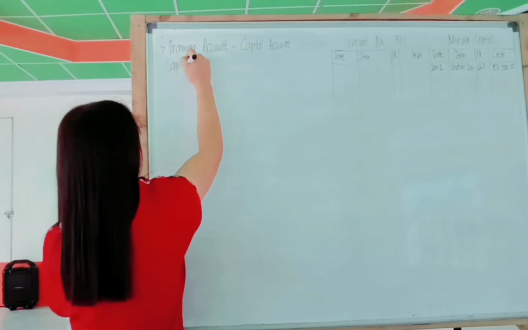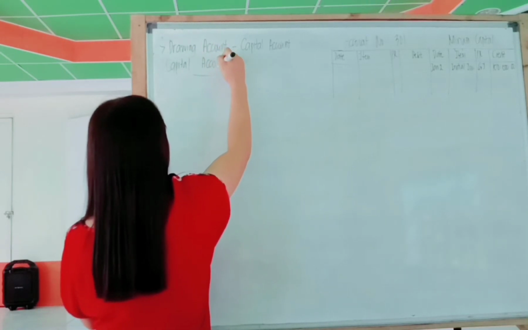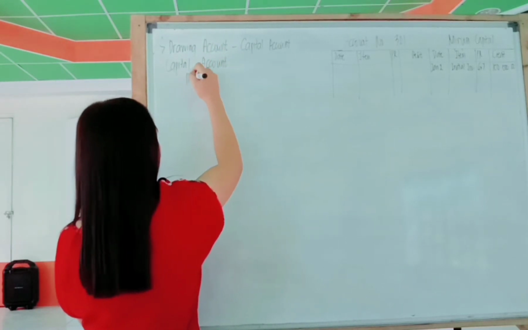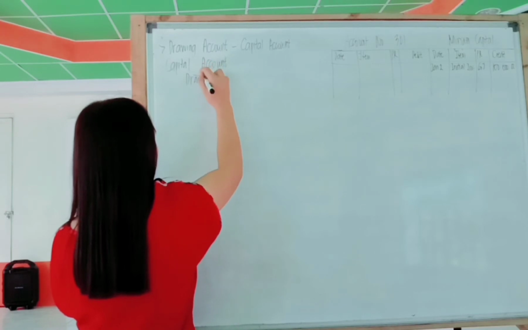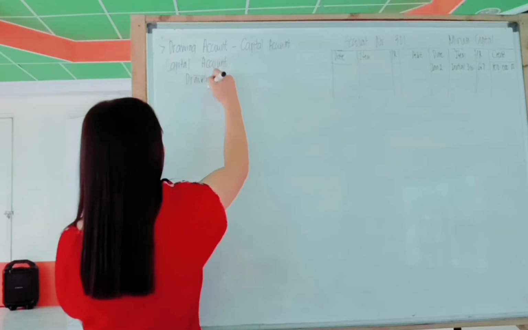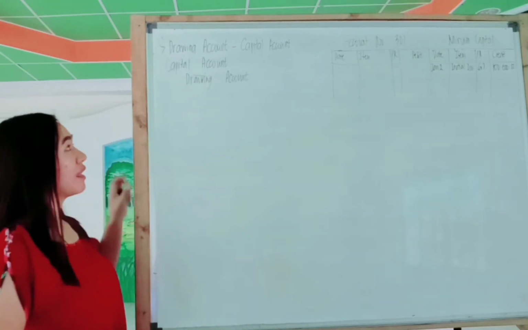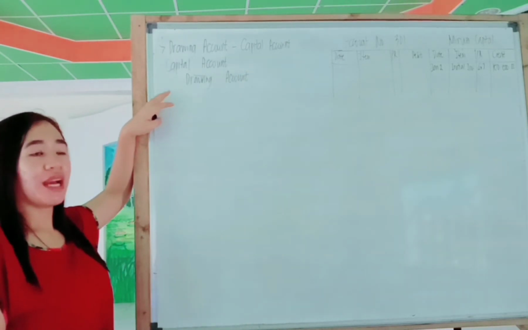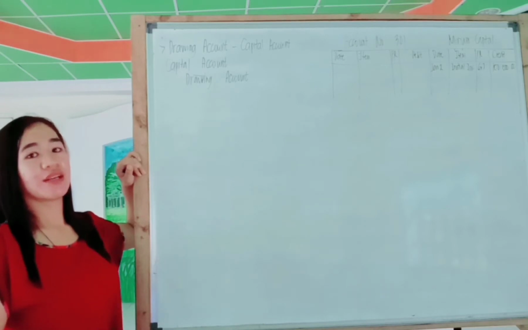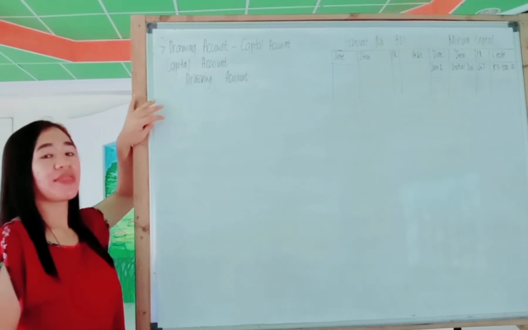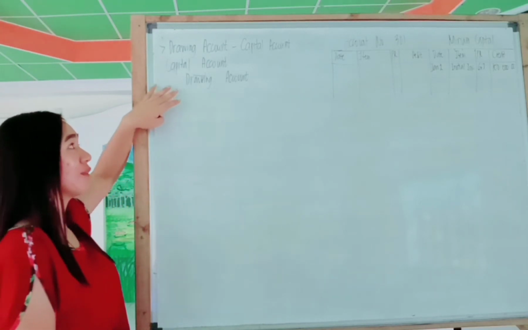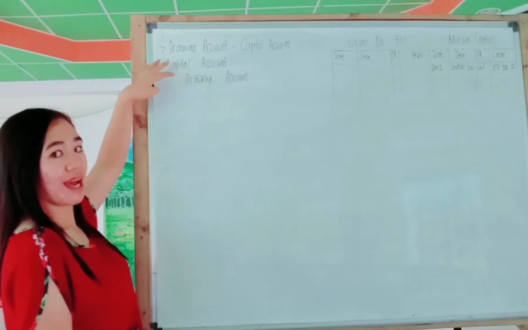Debit, capital account, and then credit, drawing account. By the way, kung may ledger ang drawing account natin, at the end of the year, magiging 0 din yon. Or at the end of your accounting period, magiging 0 din yon kasi i-close mo siya sa capital account.